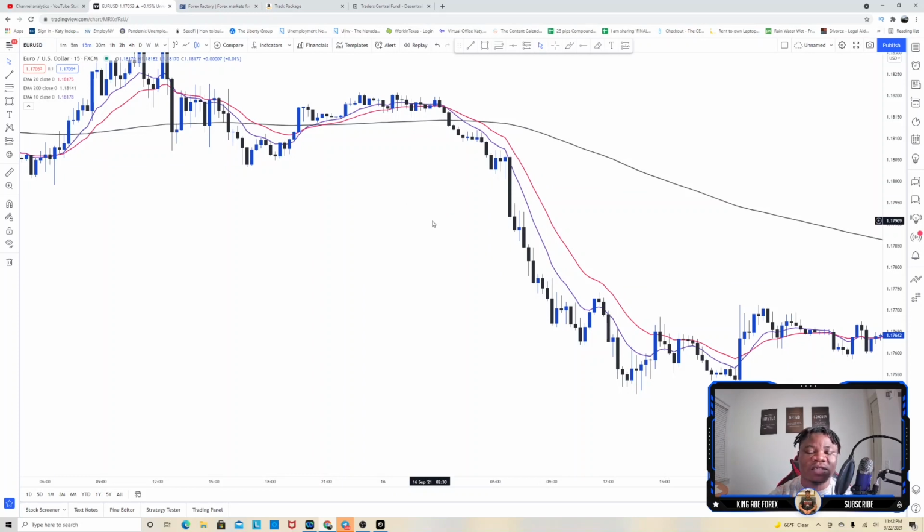So those are the confirmations that we need. Once price is below the 200 EMA, we take a sell position, and once price is above the 200 EMA, we take a buy position.